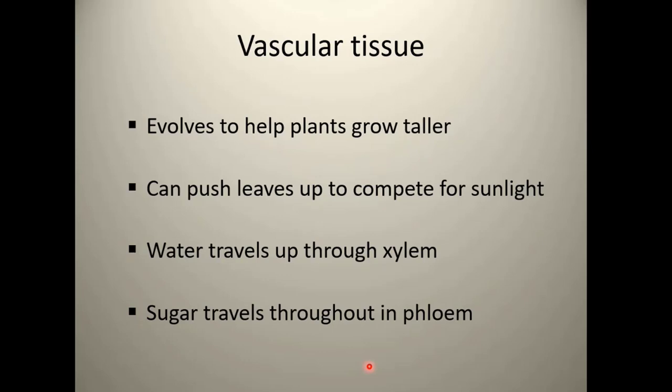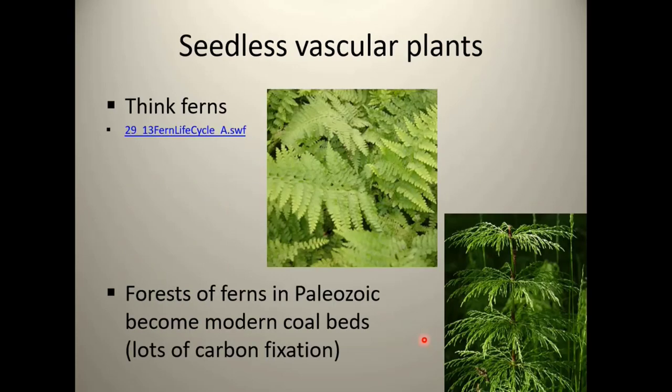Water travels up through what we call xylem, and sugar travels through what we call phloem. So you're going to have to differentiate these. Sometimes if they ask you to differentiate between the phloem and xylem, you have to describe how one is a channel for water, and the other is a channel for glucose or sugar for the plant.